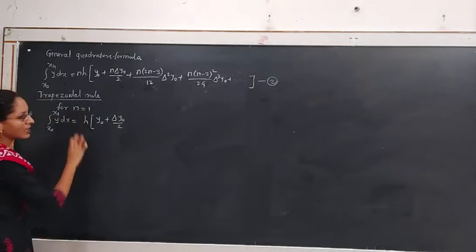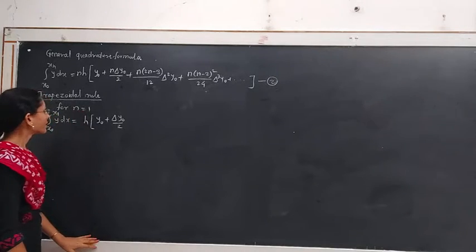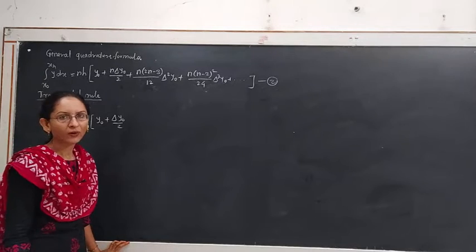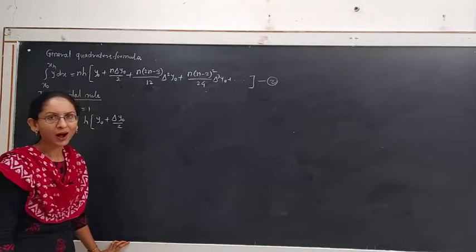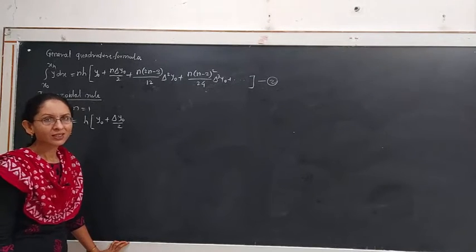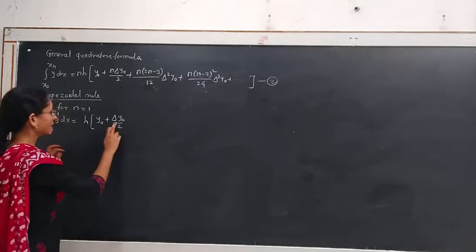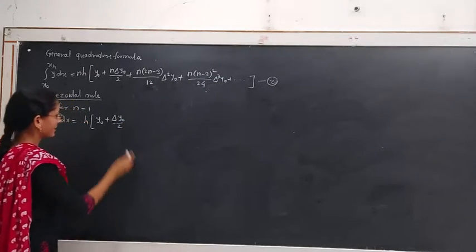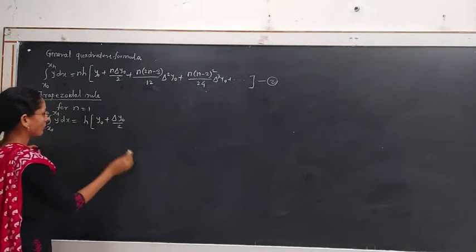See, as we have n is equal to 1, then all the forward differences of order 2 and greater than 2 are 0. Only the forward difference of order first is non-zero. Del square y0, del cube y0 all are 0 because we are using n is equal to 1.